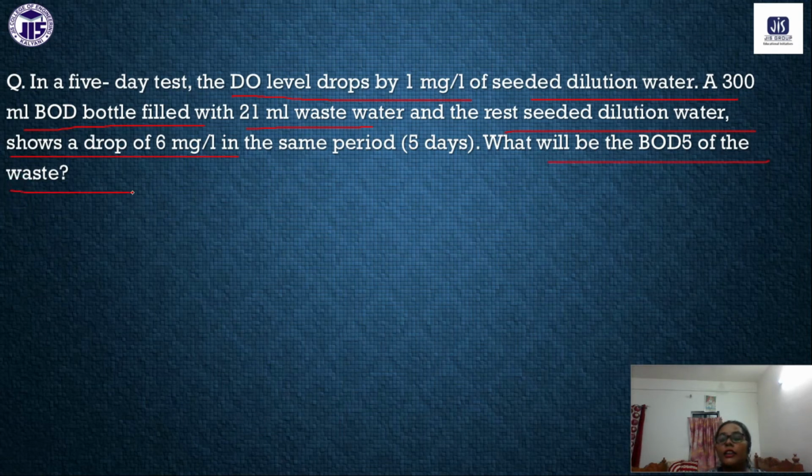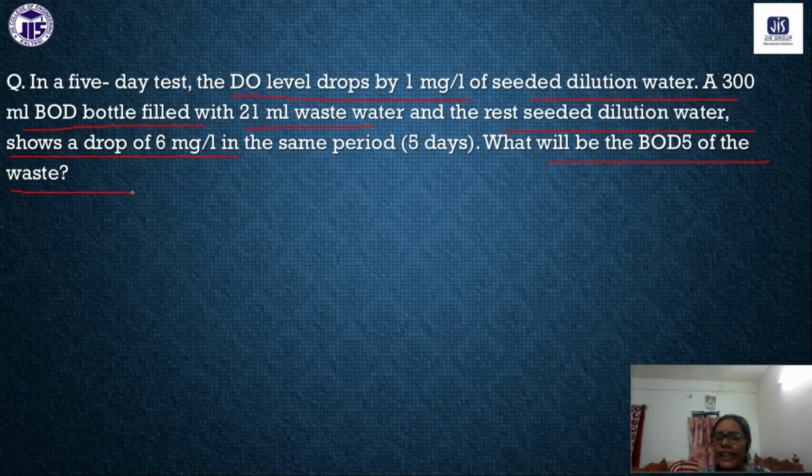Now look here. The data given is the dissolved oxygen drop. How can we get this drop? If we know the initial value and the final value of the dissolved oxygen, then initial minus final tells us how much oxygen is dropped and used up for the reaction.